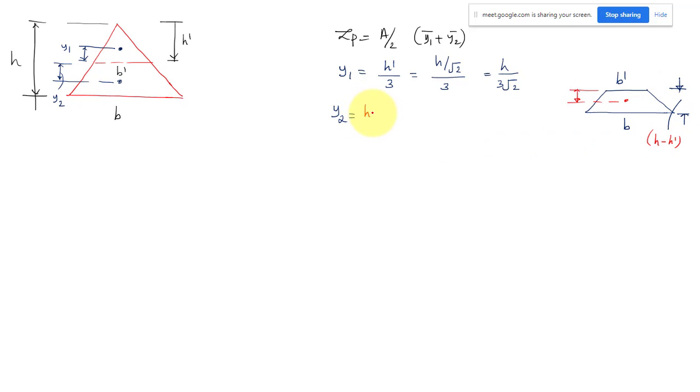If you want to measure the distance from this level, then you have to multiply by 2 times this side.